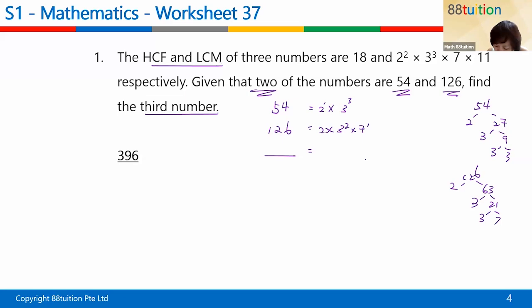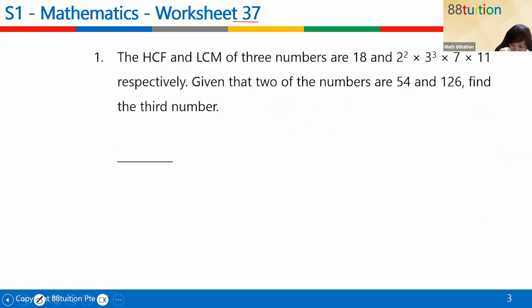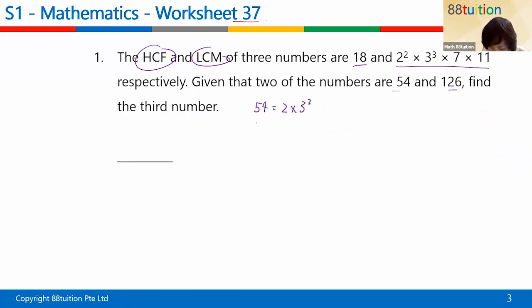And the third number we wouldn't know yet at this point in time. Okay, I should write it on the first page. I should write it here. Sorry. 3 to the power of 3.